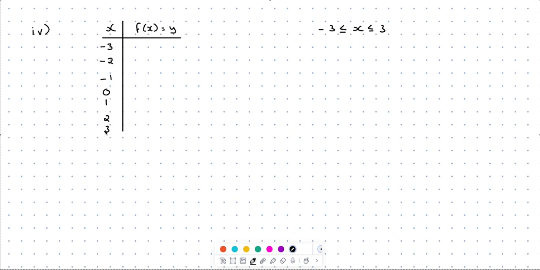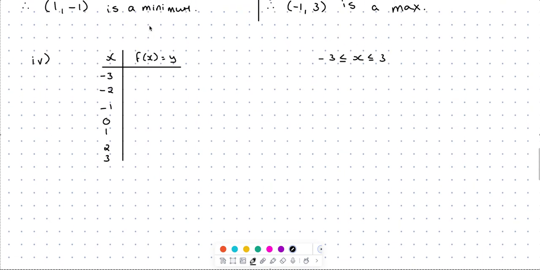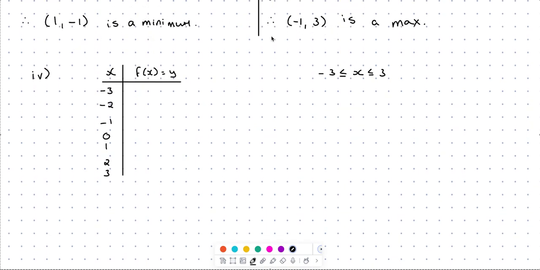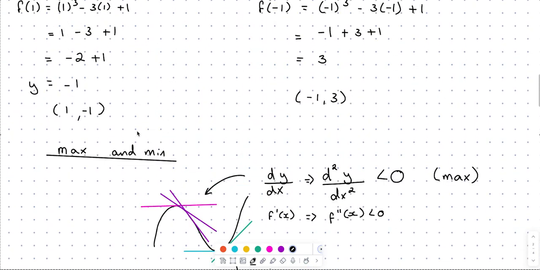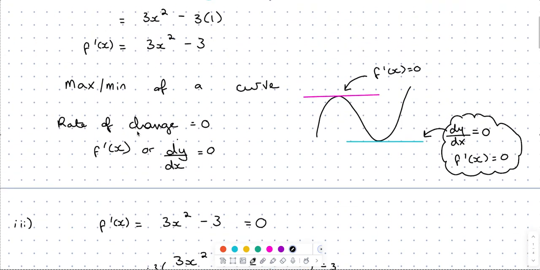Then I'm going to go back up and check all the values. Remember, we got these last. So minus 1 was at 3, so I can write that down. 1 was at minus 1. And then we just go back up and check our values from earlier. So you just flick back to question 1.